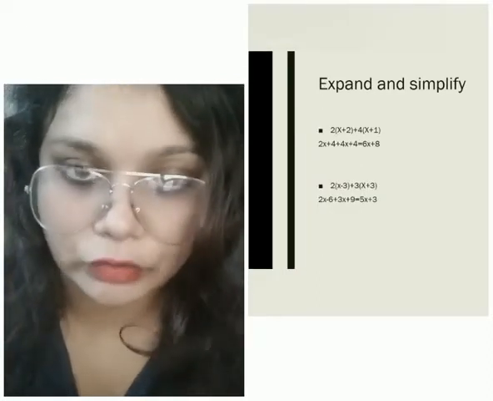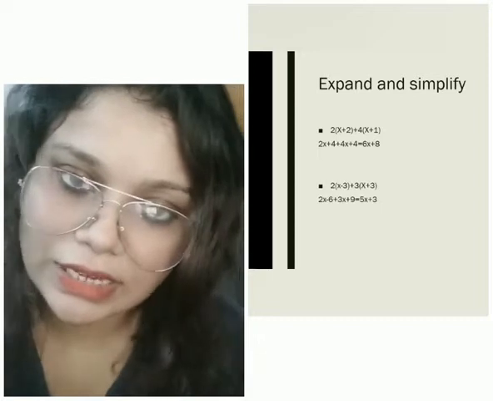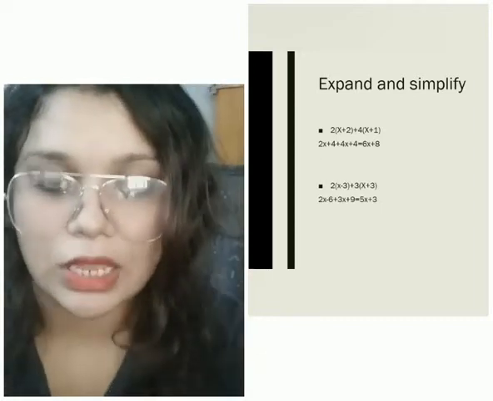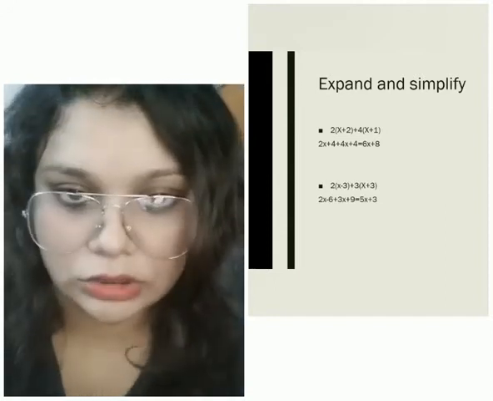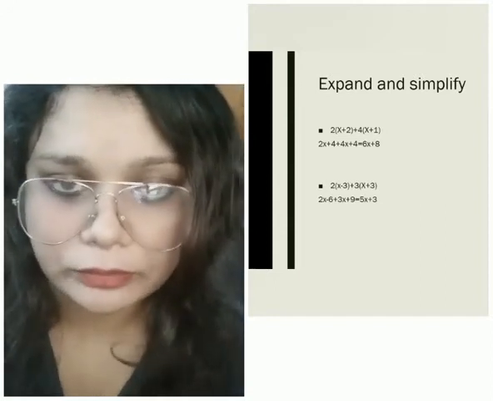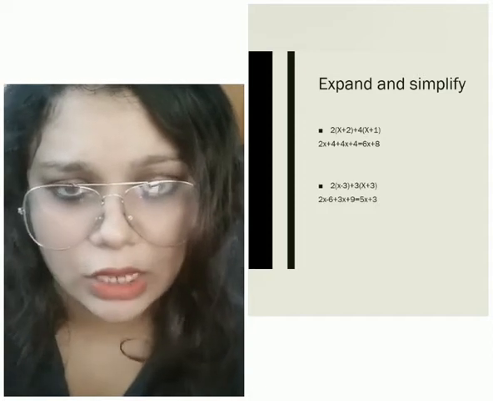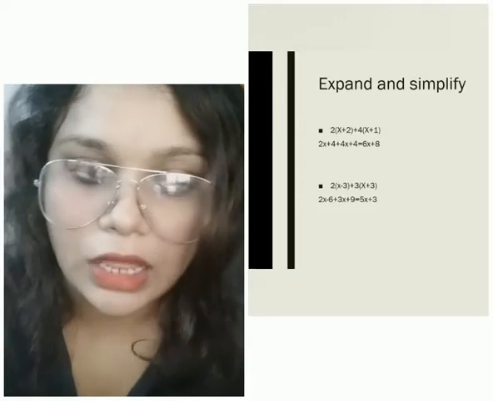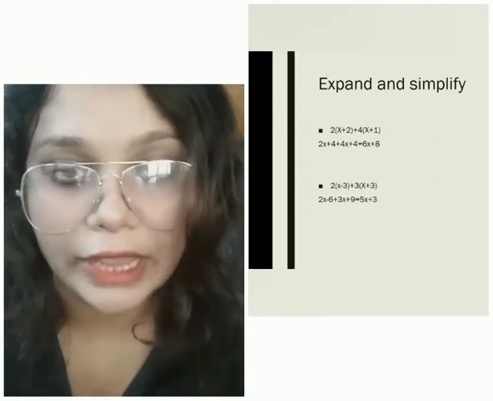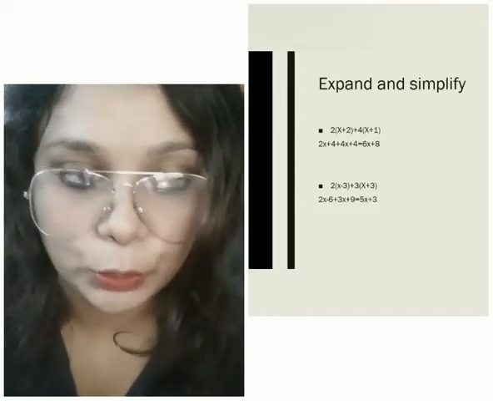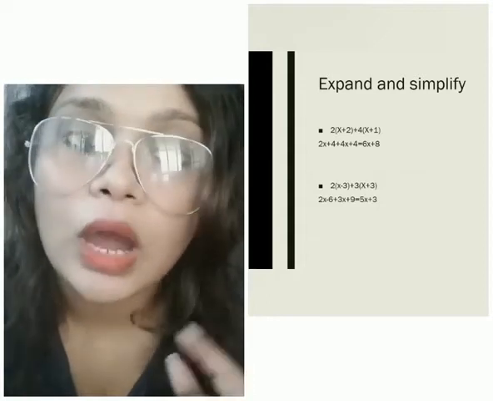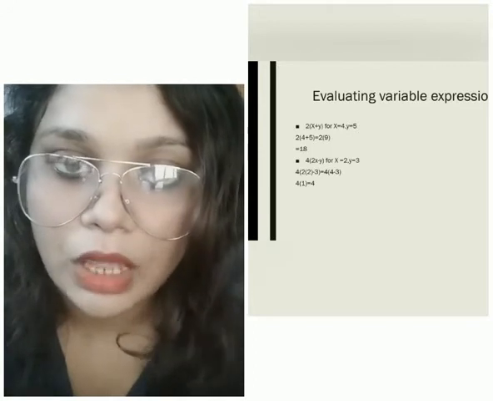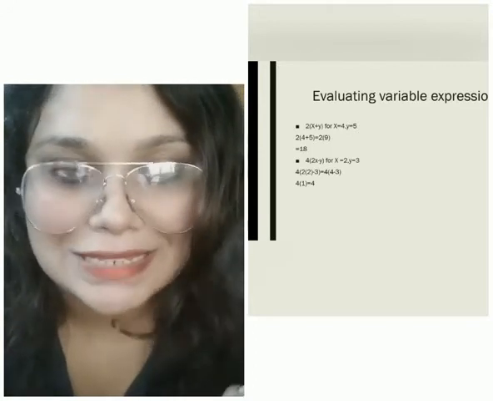You can see some basic expressions towards my right-hand side screen. Here it is given 7x plus 5x, which is a normal addition with a variable. 7x plus 5x, you already know, is 12x. And the second sum, you can see 5 plus 2 into 2 minus 1 plus 0, which is equal to 7.